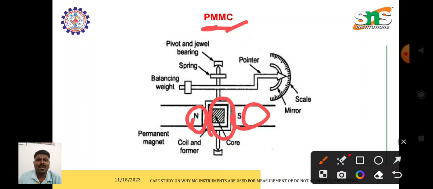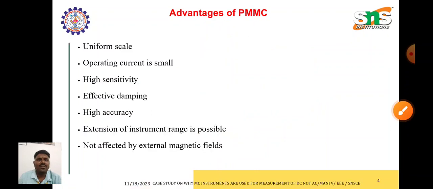Because of the interaction of the fluxes, the moving coil gets rotated. If the coil moves, the spindle also moves, and once the spindle moves, the pointer moves from 0 to some value. This is the operation, and these are the advantages of the moving coil instrument.